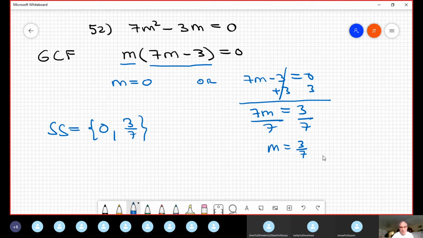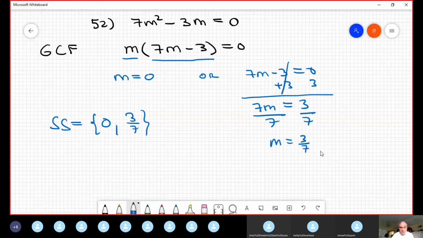Wait a second. Be careful. Sometimes students manipulate it differently, and it's not incorrect, it's not wrong, but you lose a solution. Suppose in the manipulation you move 3m to the other side. Now, to simplify, you divide by m on both sides.